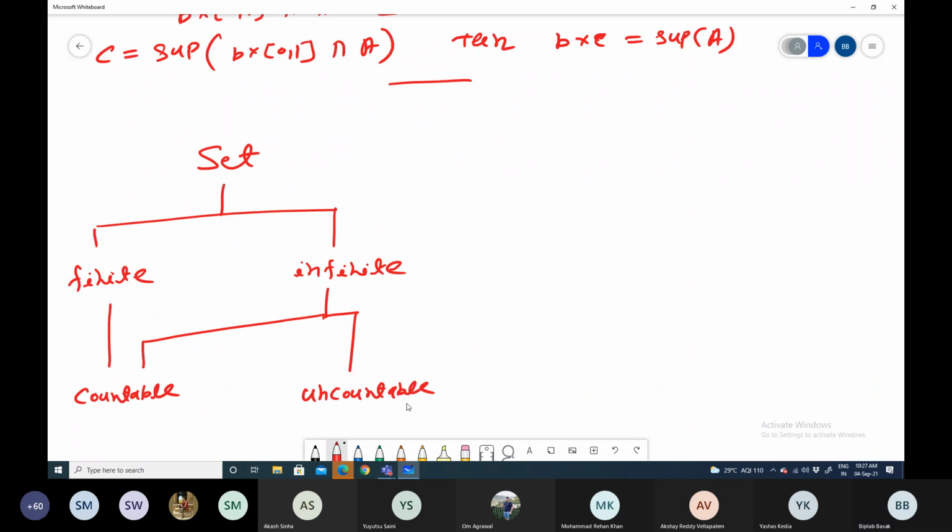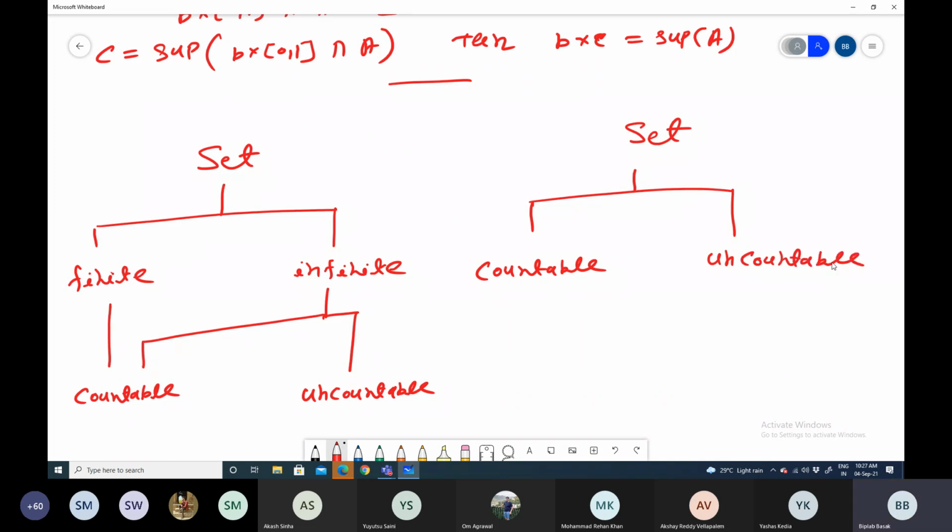Okay. In other way, you can write it in this way as well. You have a set. A set can be both countable or uncountable. But when you have countable, it can be finite or it can be infinite.